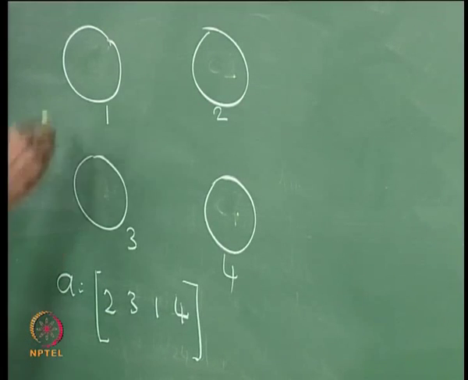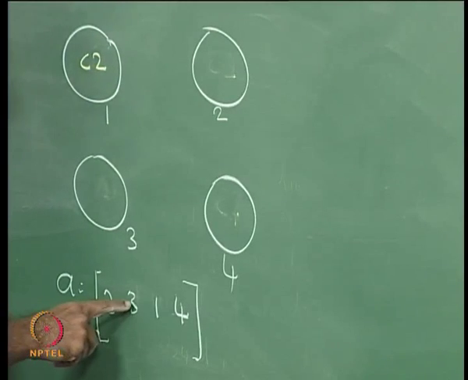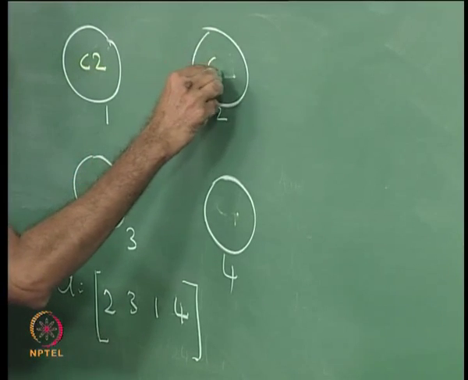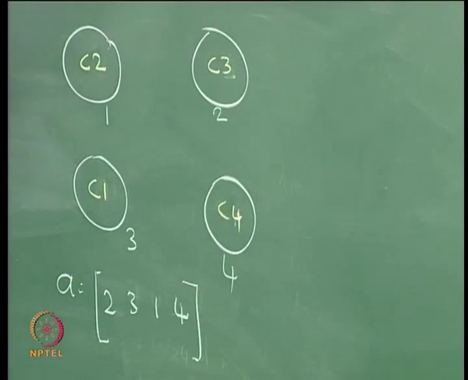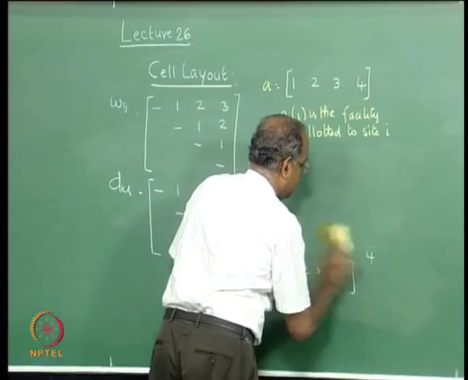So, this is C2, the facility allotted to site 2 is C3, then C1, C4. This is what it means. So, we would begin with the solution 1, 2, 3, 4.